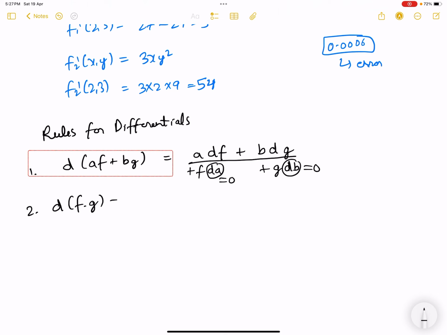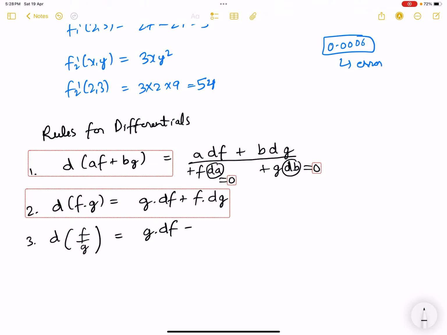Now second is d of fg. Using the product rule, we have g into df plus f into dg. Then the third rule, the quotient rule, f upon g: g into df minus f into dg, by g square. Since g square is in the denominator, g should not be equal to 0.